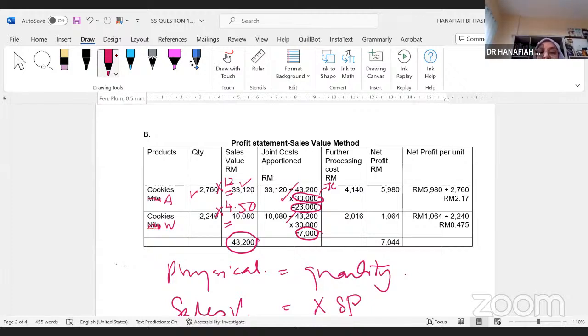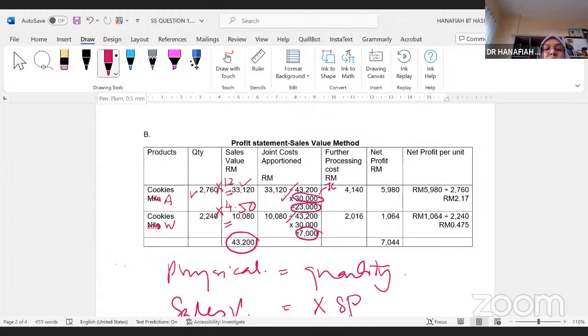I think I made a wrong calculation here. Sorry. 33,120 divided by 43,200 times 30,000.